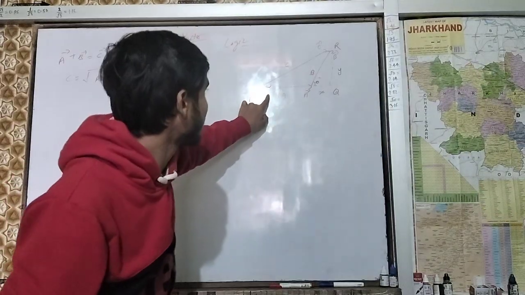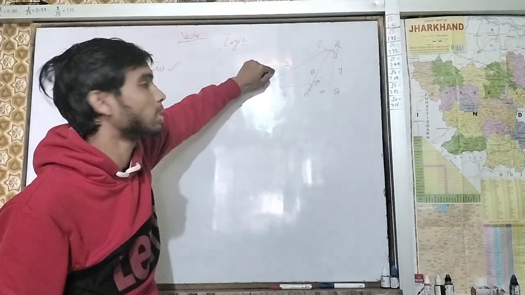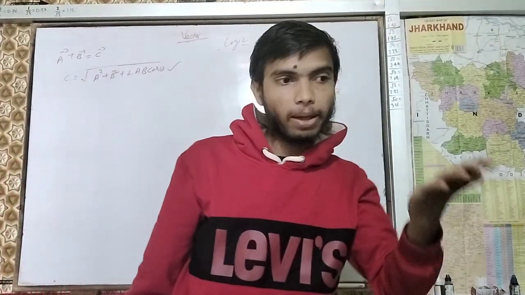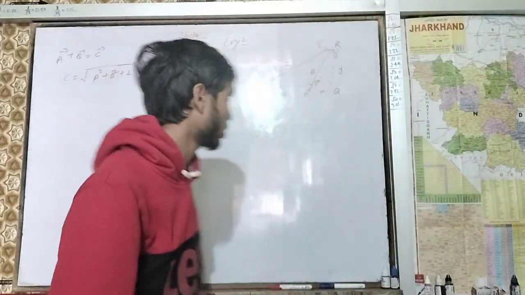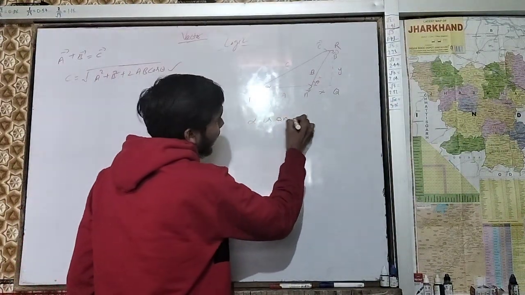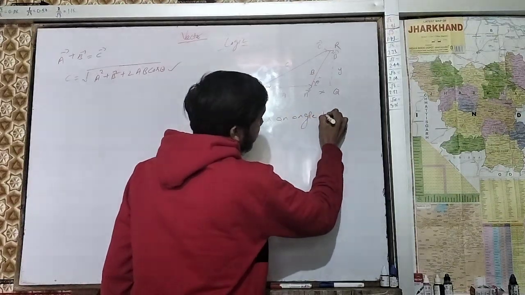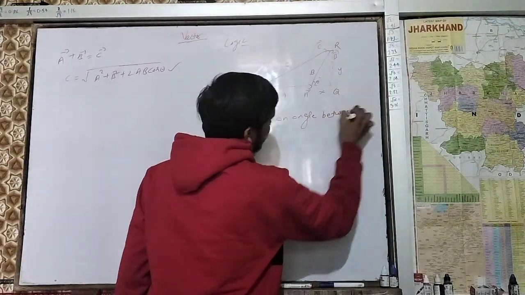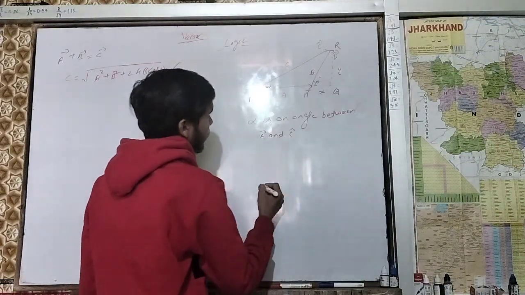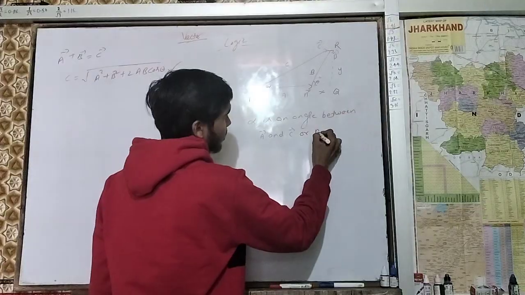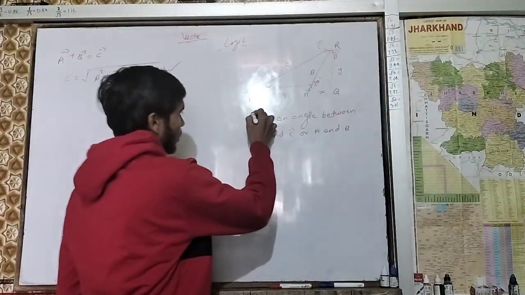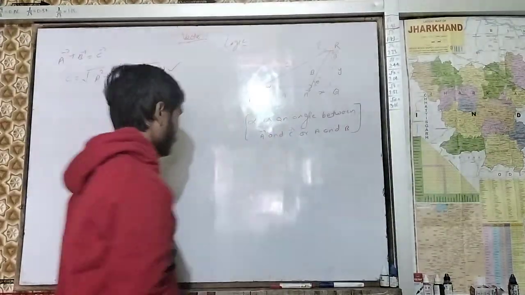Because this alpha is the angle between the A vector and the resulting vector C. Okay, I hope this part is done.